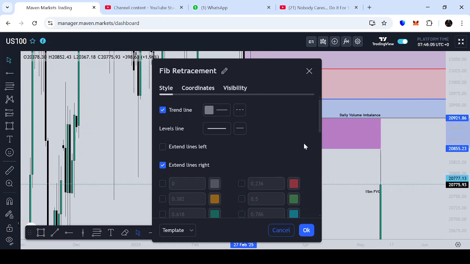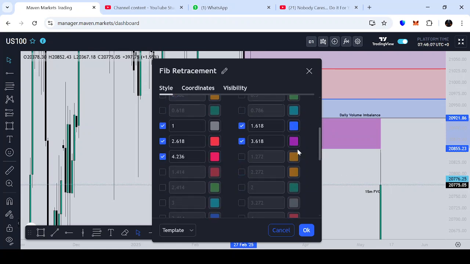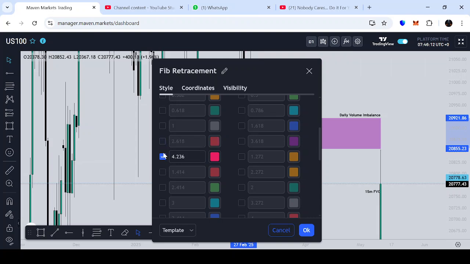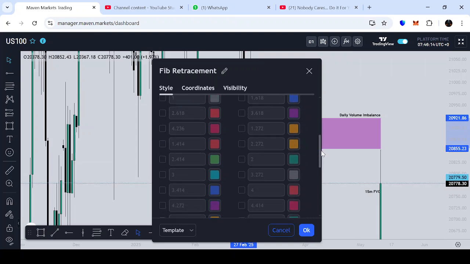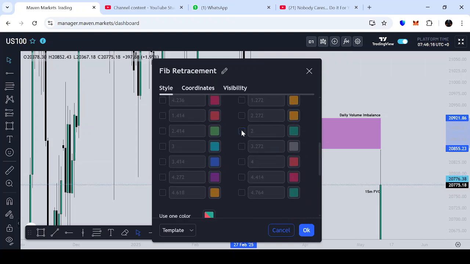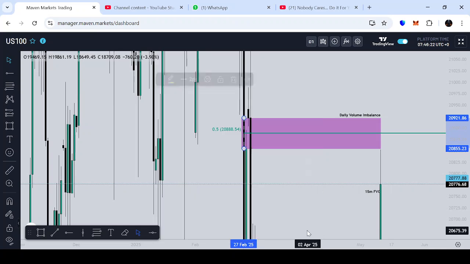That's the consequent encroachment. That's the 0.5, the 50% Fibonacci level.